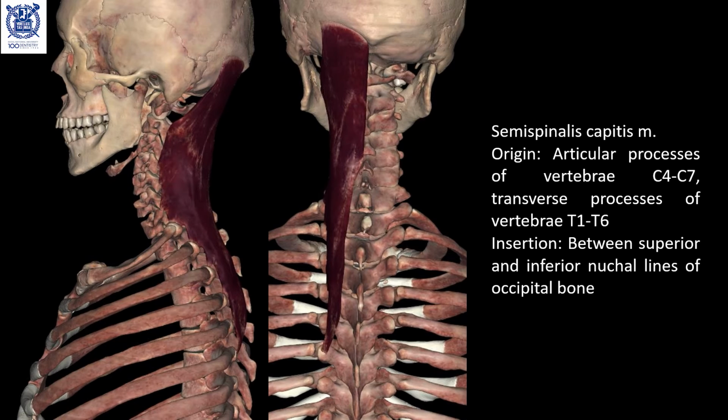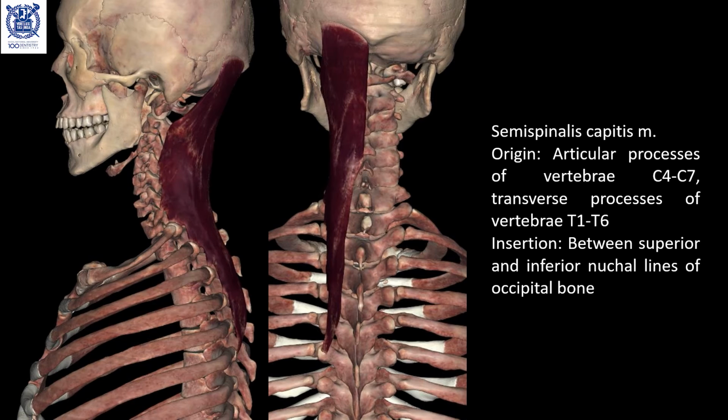There are 3 semispinalis muscles, that is, the semispinalis capitis, the semispinalis cervicis, and the semispinalis thoracis. The semispinalis capitis is situated at the upper and back part of the neck, deep to the splenius, and medial to the longissimus cervicis and the longissimus capitis.